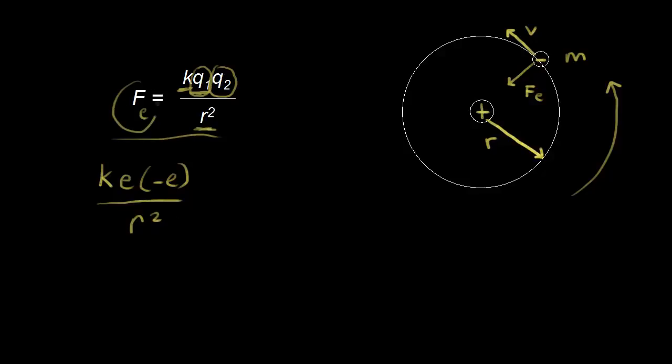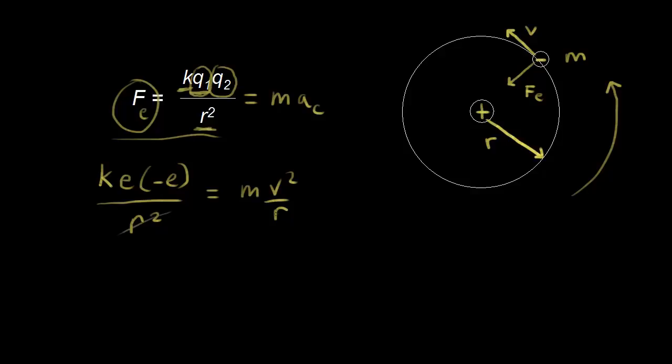Force is equal to mass times acceleration using Newton's second law. So m is the mass of the electron, and this would be the centripetal acceleration since we're talking about a centripetal force. And we know that the centripetal acceleration is equal to v squared over r. So we can go ahead and plug in m times v squared over r.